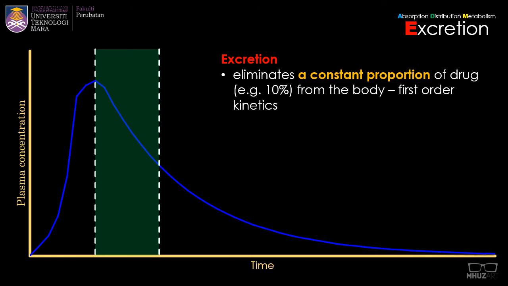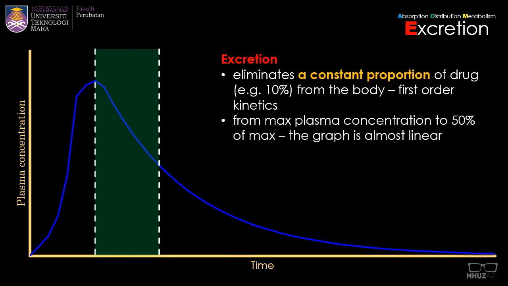Now let's come back to this graph. If you can see here, from the level of max plasma concentration to the level of 50% plasma concentration from max, the curve drops in a linear fashion.